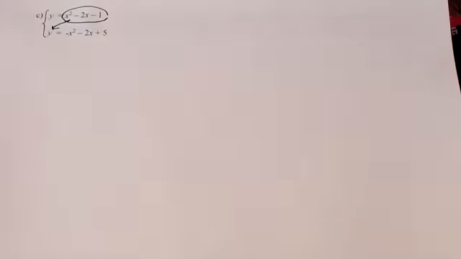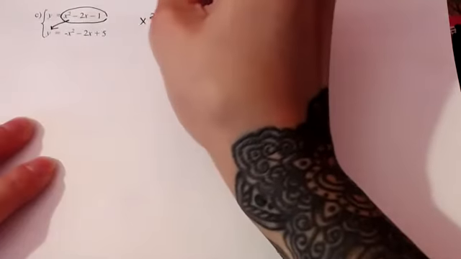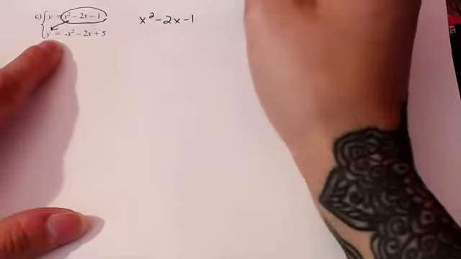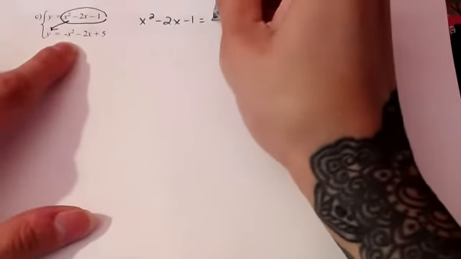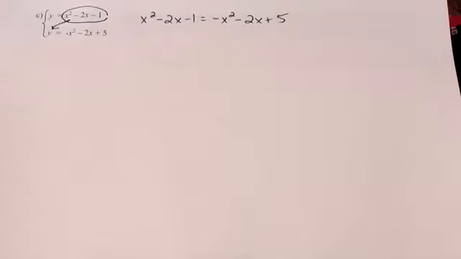So I can literally take this expression and plug it in for y in my second equation. So let's check this out. So we have x squared minus 2x minus 1 is equal to negative x squared minus 2x plus 5. We're able to set them equal to each other because they're both equal to the same thing. They're both equal to y.